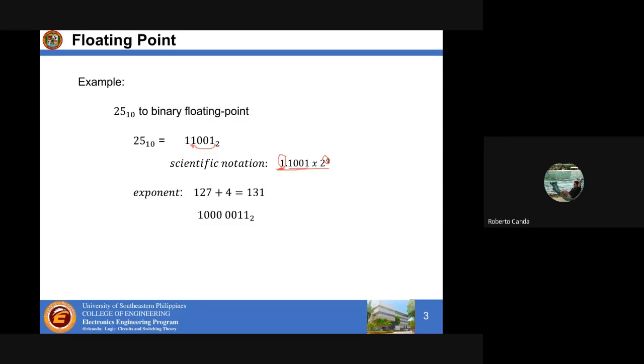Since it is 24 bits, we have the first 4 to represent this one, and the remaining bits will be all 0. And you must have 24 bits all in all. But the beginning value will be the value of your scientific notation after your binary point.